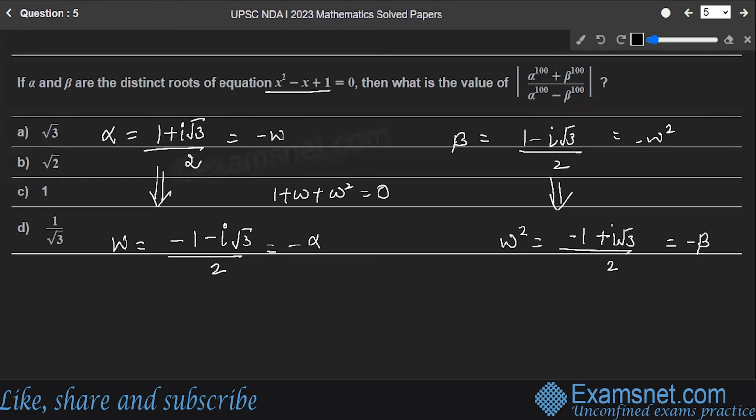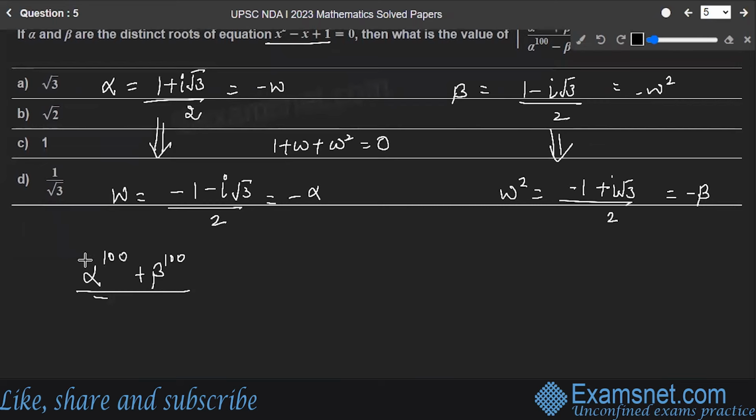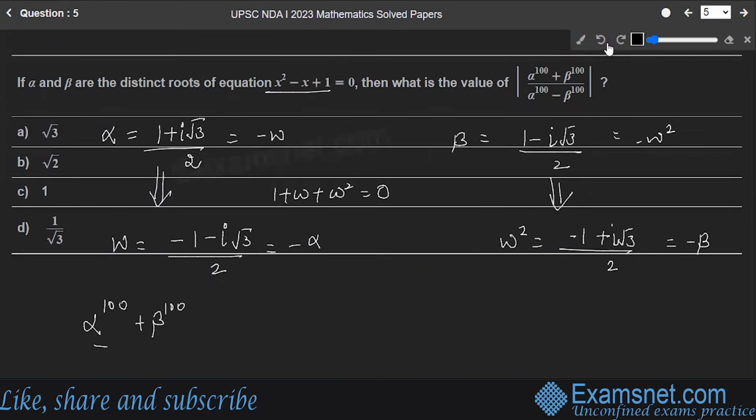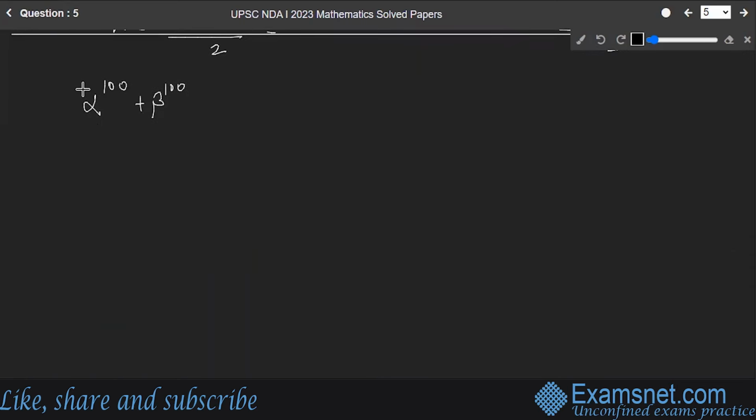Now let's get back to our expression. First of all, let's solve it. Alpha raised to power 100 plus beta raised to power 100 whole divided by alpha raised to power 100 minus beta raised to power 100. I'll pick up the numerator only first.